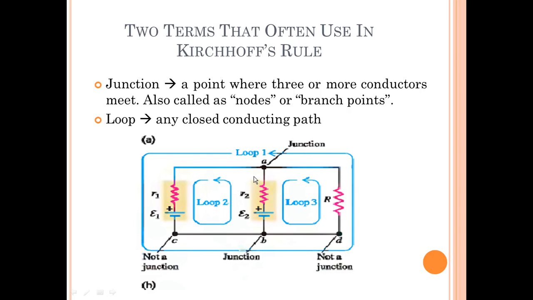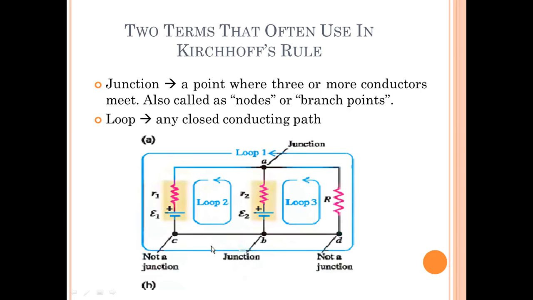Now, let us count the circuit elements that are included here in loop number 2. We have R sub 1, E sub 1 for the first EMF, E sub 2 for the second voltage source, or second EMF source, and next is R sub 2. Resistor 2 is also included for loop number 2.